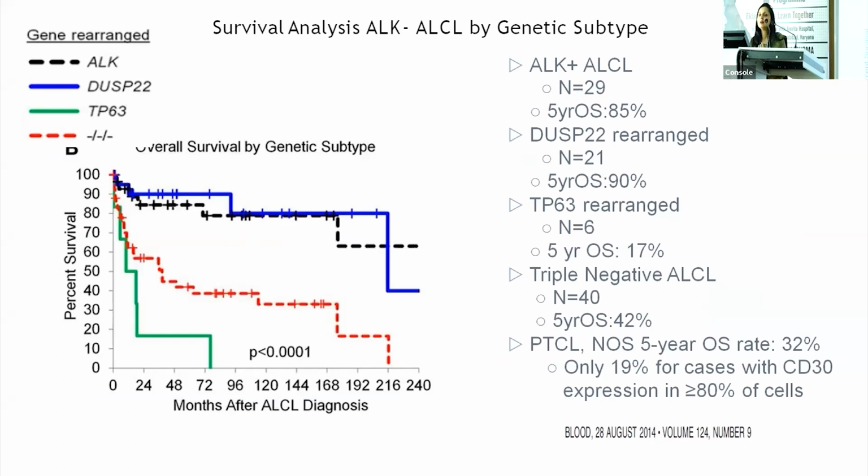So that's why this rearrangement FISH should be present in the armamentarium of your molecular person. Then, of course, the TP63 group is the one which is behaving the worst. And this is the triple negative group, which is ALK negative, DUSP22 negative, and TP63 negative, which is somewhere intermediate between the DUSP22 and the TP63 group.